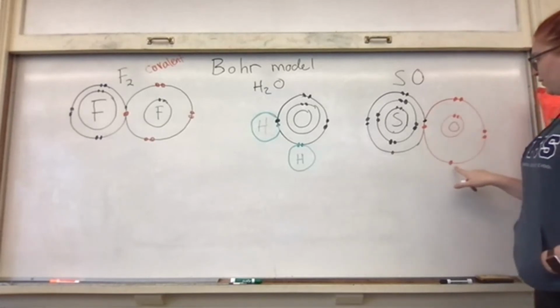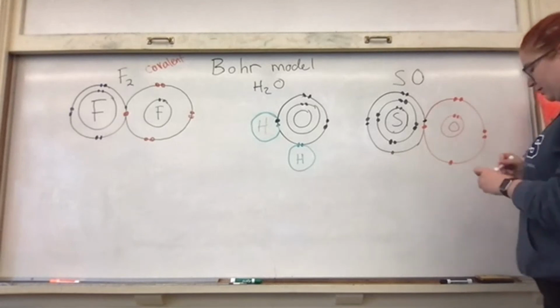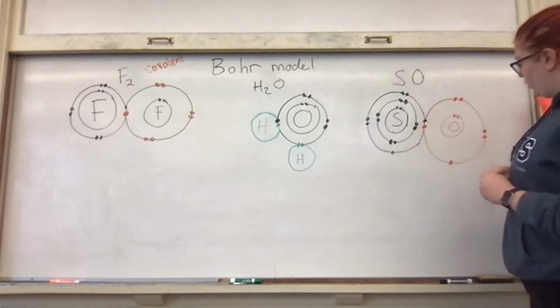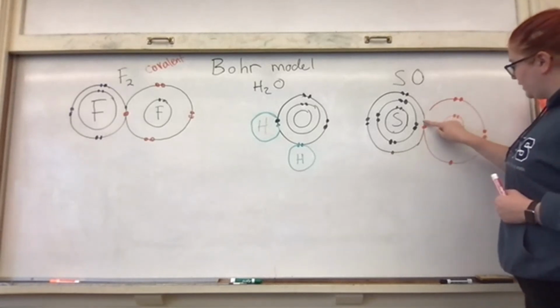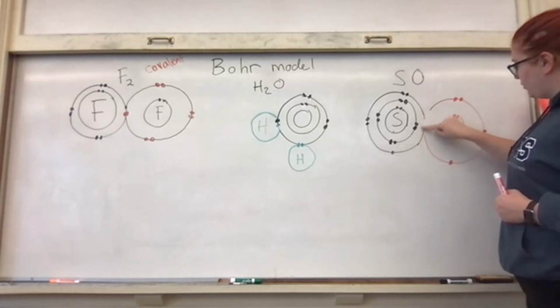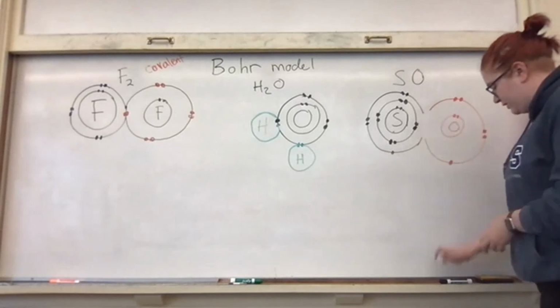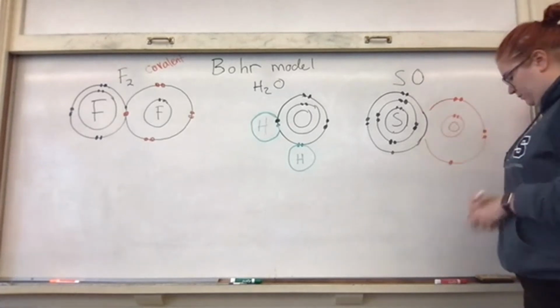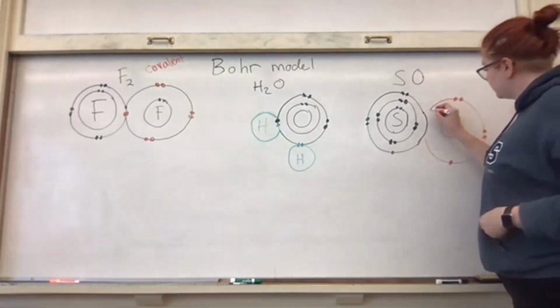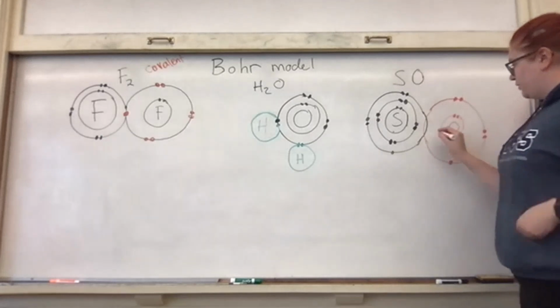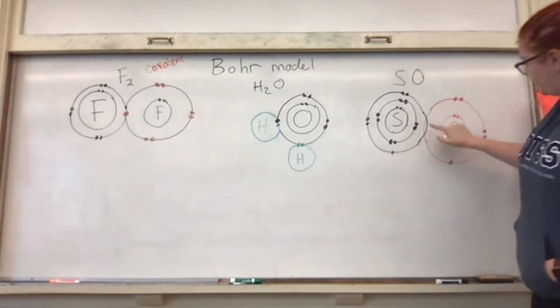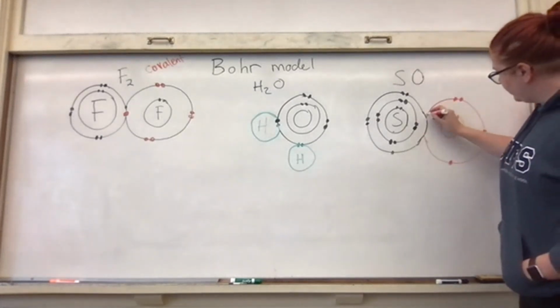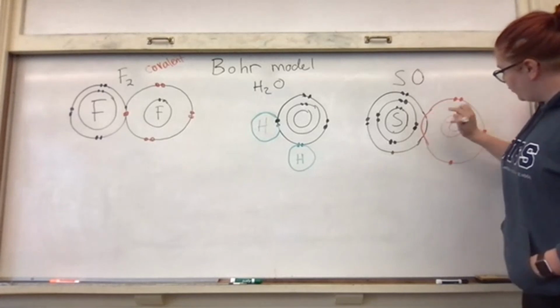Okay, so to show how this electron and this electron are shared, what we actually do is we're going to overlap the shells so that you can see both shells. So it looks like this. So now, can you see how, maybe I'll make it a little bit bigger. Do you see how they're overlapping?